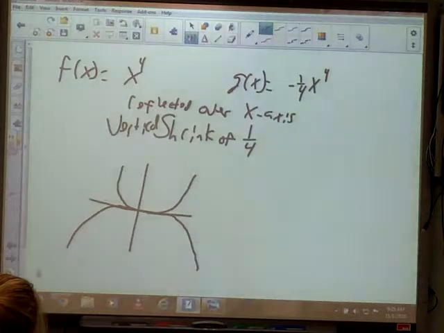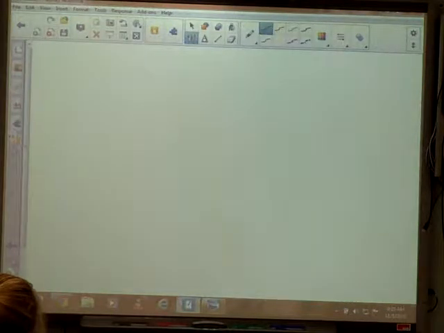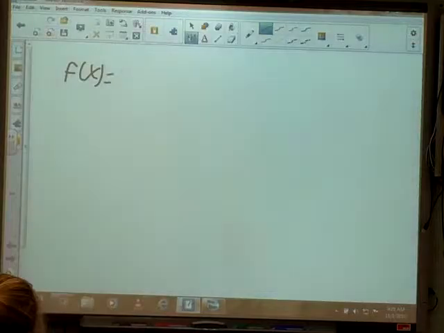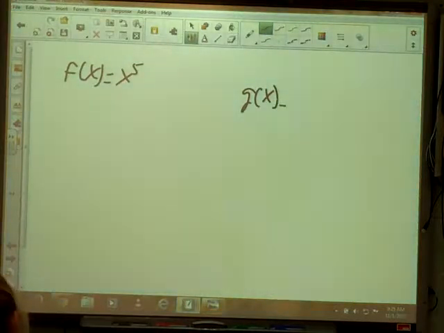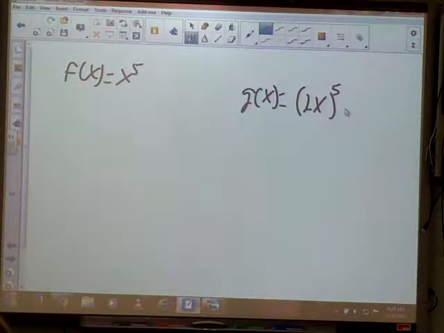Alright, let's see here. If our f of x is x to the 5th, we transform this into g of x, which is 2x to the 5th minus 3.